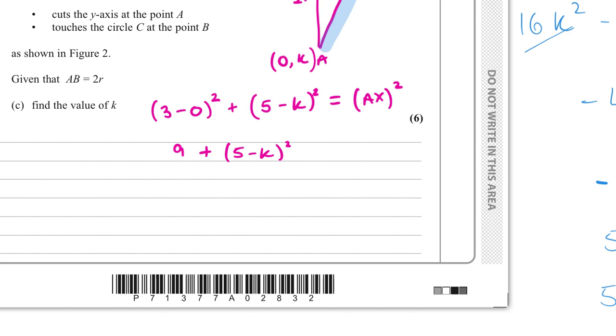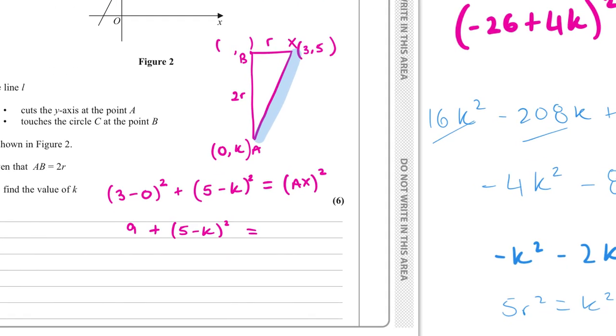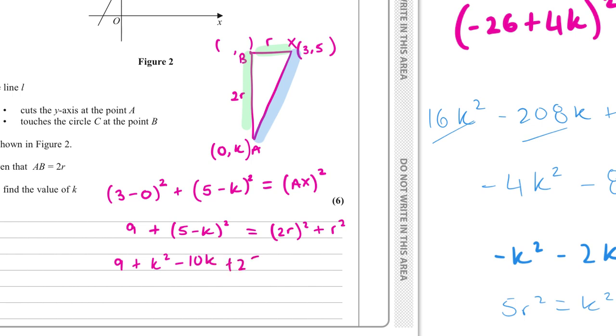Are we happy with that? Yeah? What does this equal? We've worked out the length of this. Remember, this equals 2r squared plus r squared, doesn't it? So you get 9 plus k squared minus 10k plus 25 equals 4r squared plus r squared.